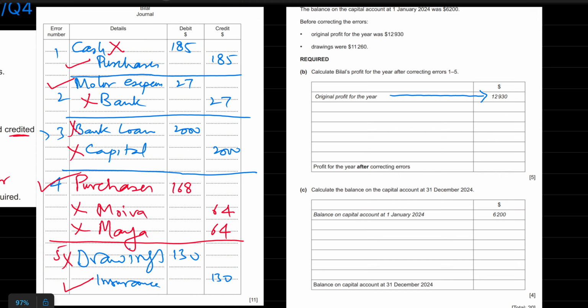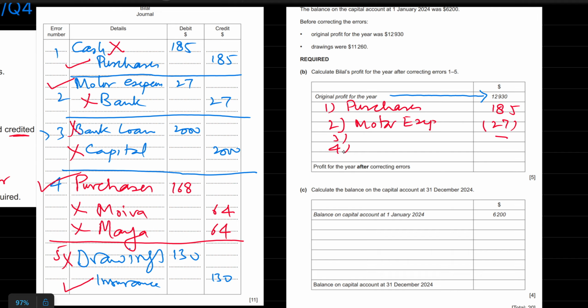Students, if any income statement account is credited, it will increase profit. For example, in error number 1, it will increase profit. For error number 2, motor expenses are debited, this will decrease profit. Number 3 will not appear.